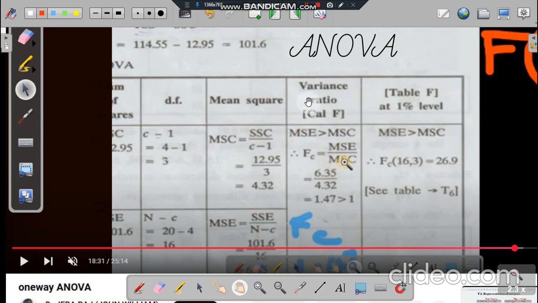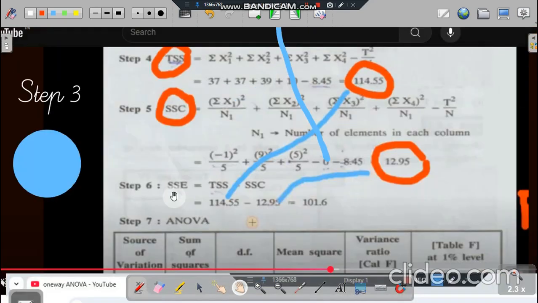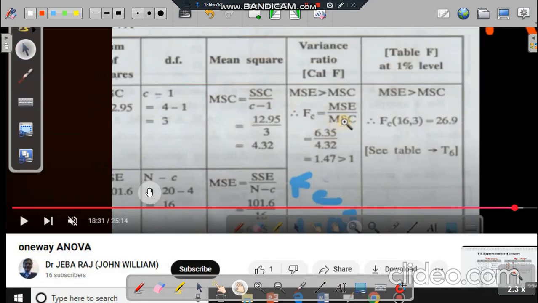Next, for the variance ratio, we have to calculate MSE. MSE is SSE divided by N minus C. We have already calculated SSE, which is 101.6.